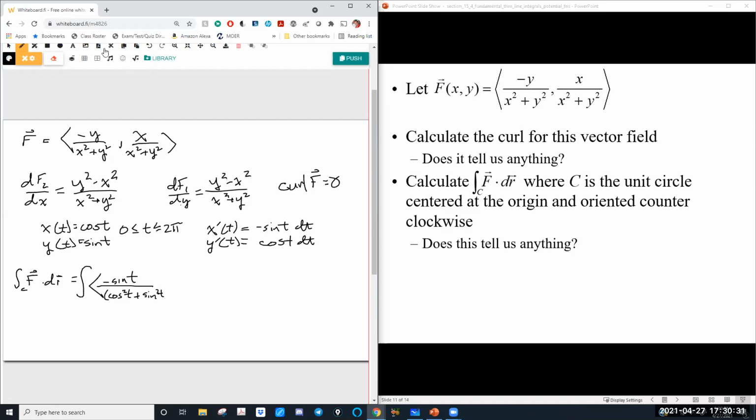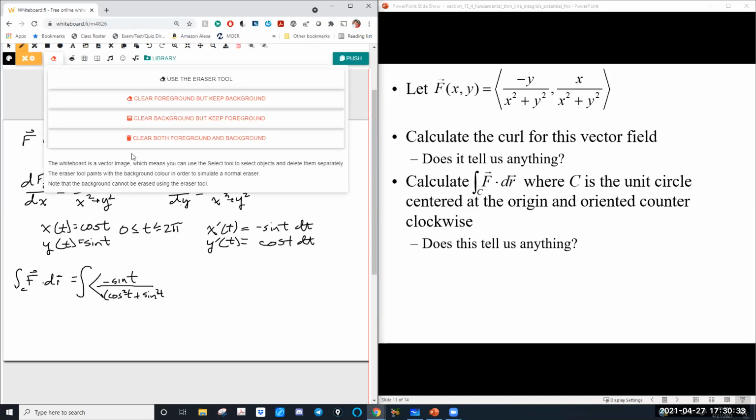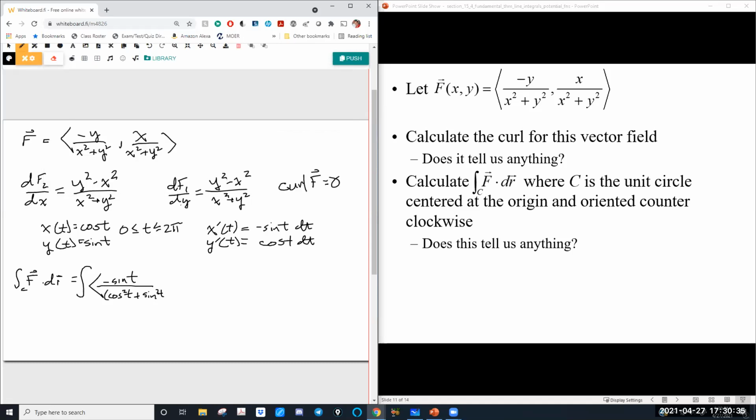Don't really need that parenthesis there. All right, so what I'm doing is I'm putting in our vector field, but I'm substituting in our parameterization. And again, I'm going through this one a little bit quicker because I just don't want to take up too much time with it. There's just one thing I want you to see.